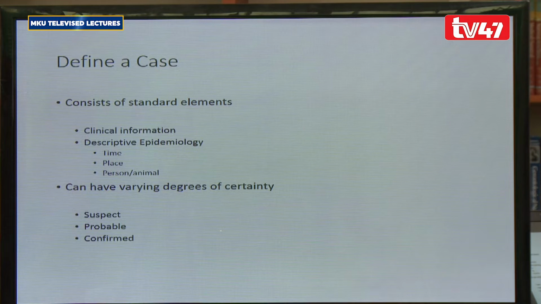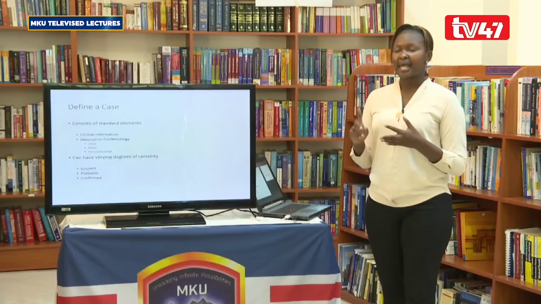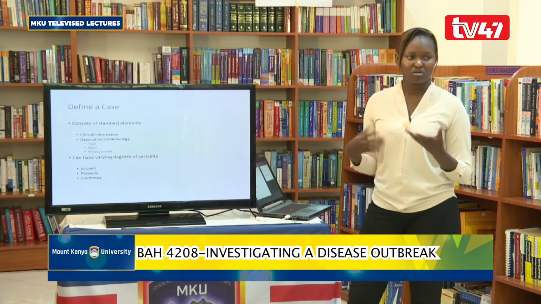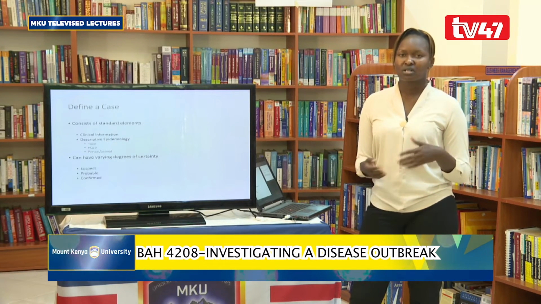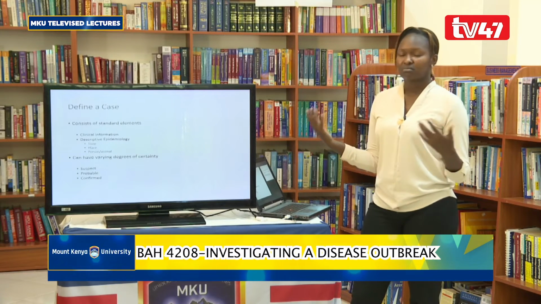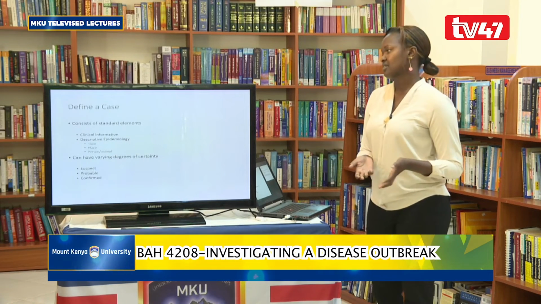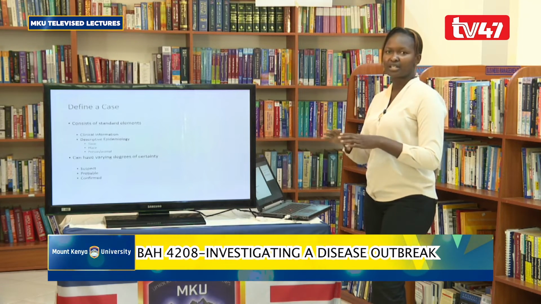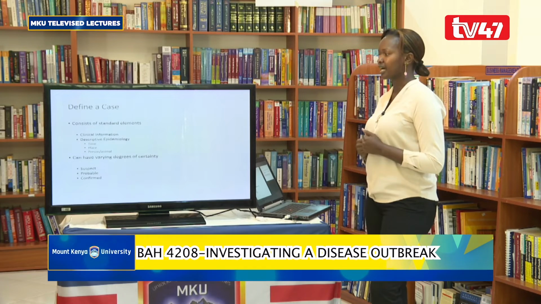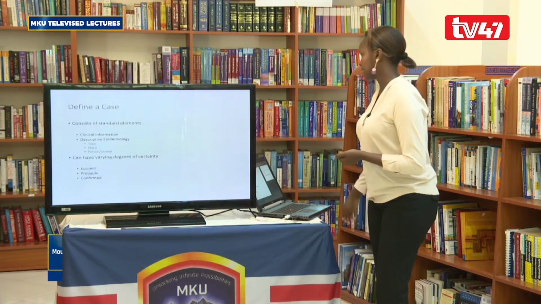And you need to describe the epidemiology. In this case, we describe the time when the disease occurred, the place, and the person or the animal who is involved. You need to tell the age, the race, the sex, that is the gender, and many other things, just to describe the case so that you may have an idea of what could be ailing them.